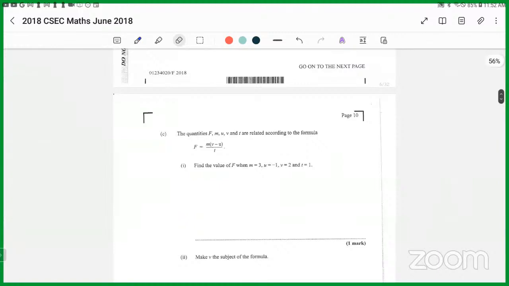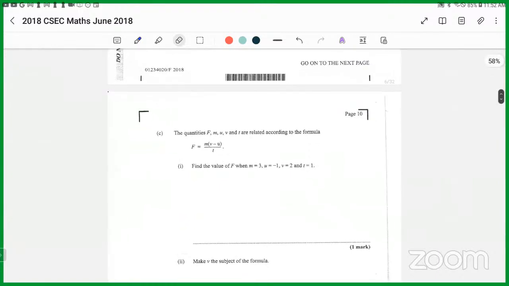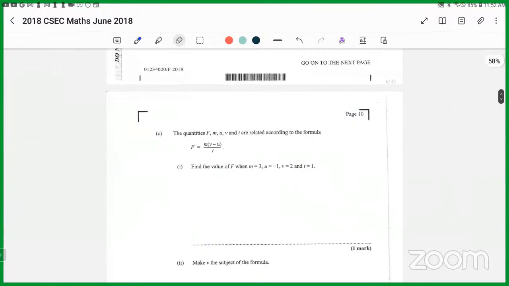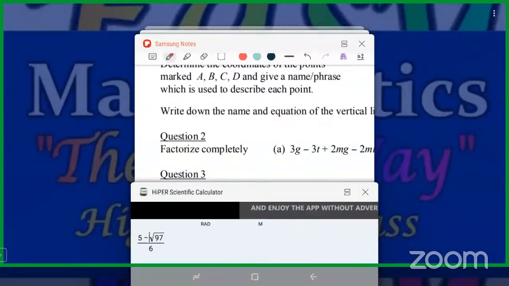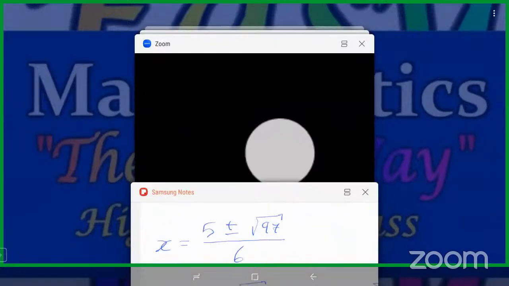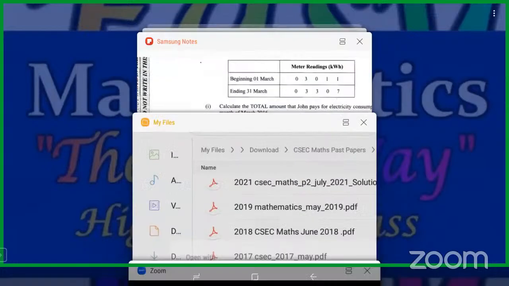What time is it now? 11:52. All right, so let me see if we can run through the next paper. I think it was 2023 that I gave you last night. Run through it and call it a day. Quick and fast. Which paper was it? January 2023.